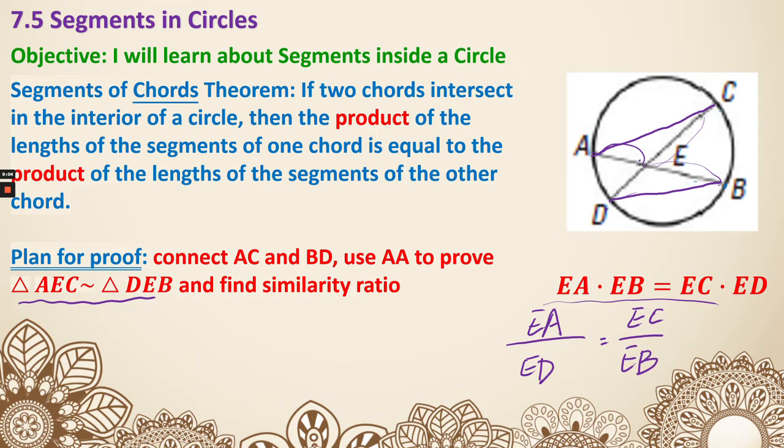Because if you think the other way, when you cross multiply this open, EA is corresponding with EB. That's the left side. So diagonally, EA and EB need to be set in the right place. Then EC and ED, of course, are also diagonally crossed, and they multiply together. That's cross multiplication. So this is what we're trying to get to. And if you look at it, EA and ED are corresponding, and then EC, which is right here, corresponds with EB. That actually comes from our triangle similarity.